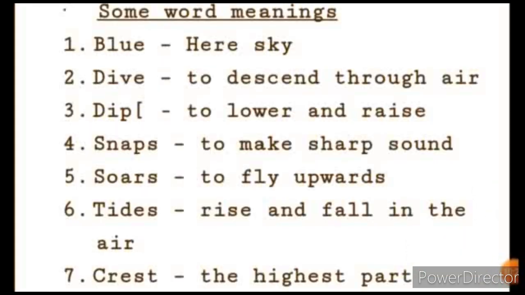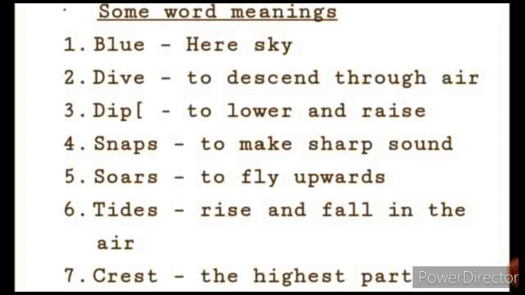Now, let's learn the new words of the poem The Kite. Blue. Here the poet mentions blue as sky. Dive. To descend through air. Dip. To lower and rise. Snaps. To make a short sound. Soars. To fly upwards. Tides.